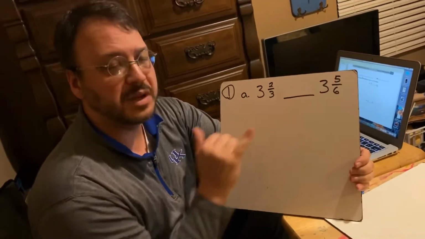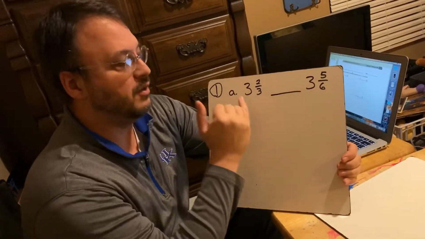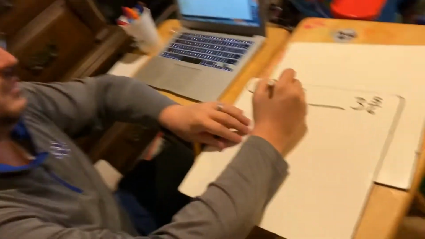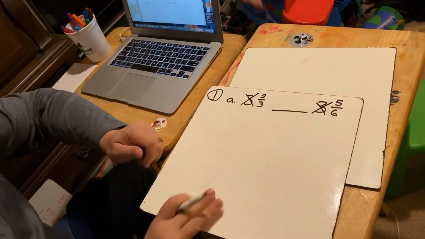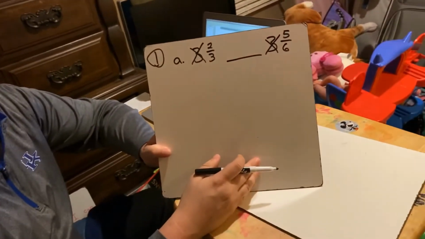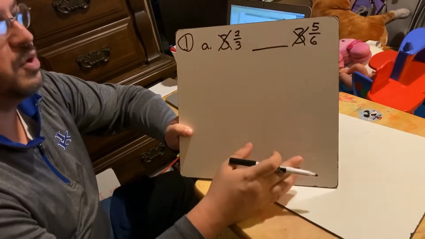As we're trying to see which one's larger, it doesn't matter about those two whole numbers. This is a whole number of 3, this is a whole number of 3. So I'm just going to cross them out. Now I just have to compare, well, which one is greater, 2/3 or 5/6? They don't have the same denominator. They don't have the same numerator.